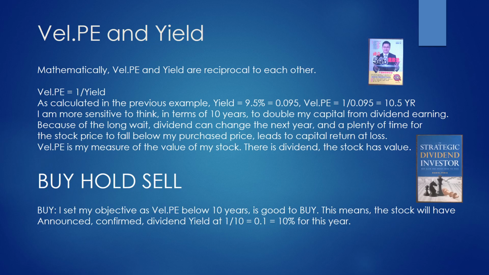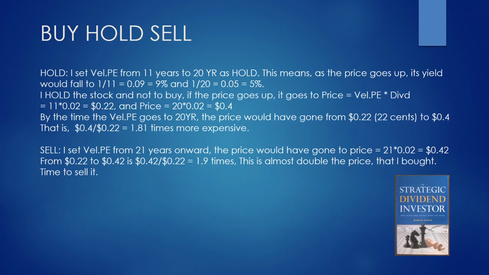Buy, hold, sell. Buy. I set my objective as velocity PE below 10 years is a good to buy. This means the stock will have announced confirmed dividend yield at 1 over 10 equal to 0.1 equal to 10% for this year. Hold.